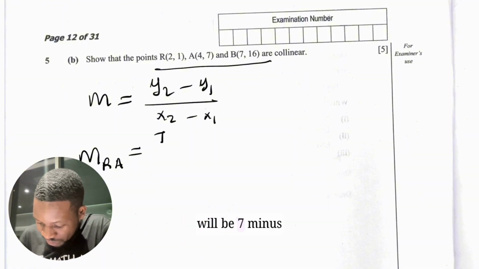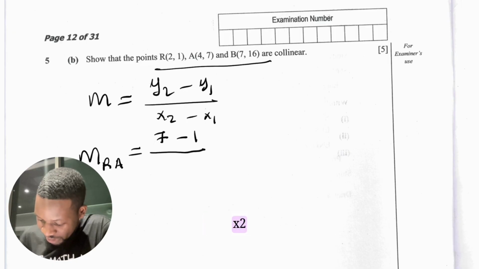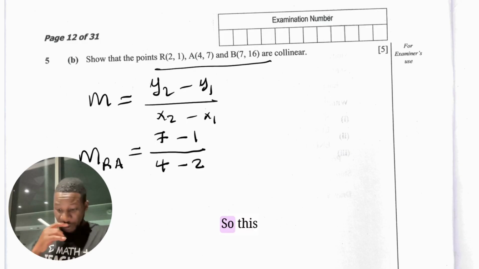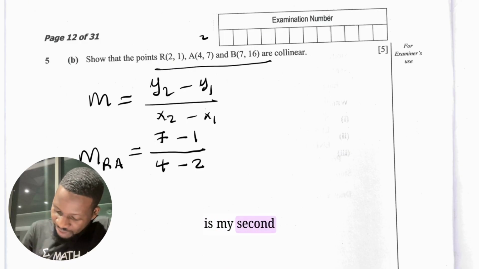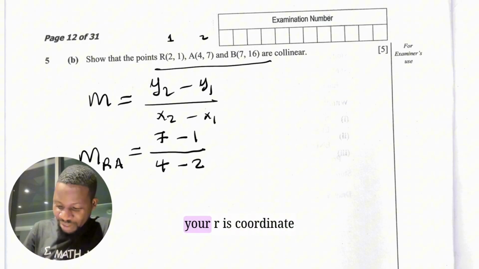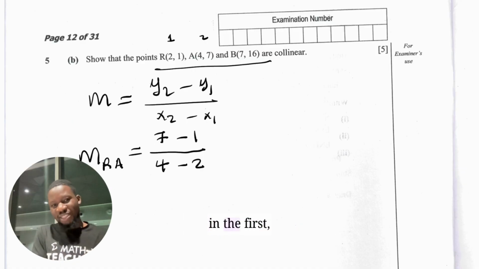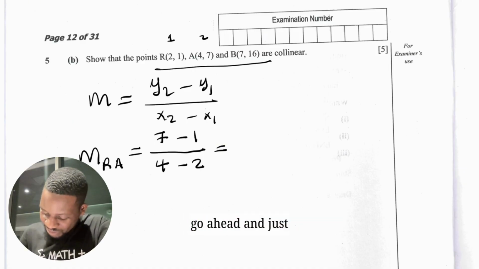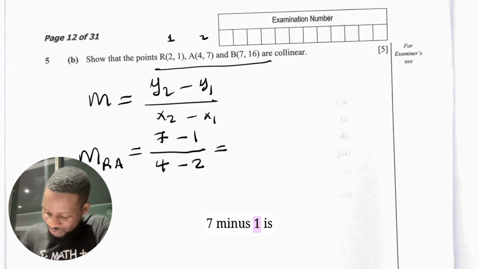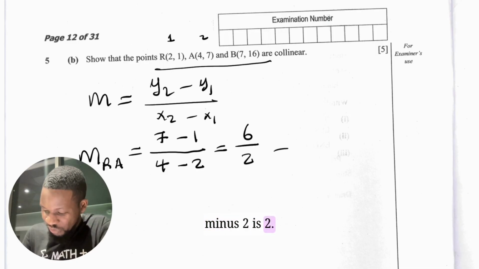So y2 will be 7 minus y1 will be 1, then divided by x2 will be 4 and x1 will be 2. So this is my second coordinate and your R is the first coordinate. Let's just do the subtraction. 7 minus 1 is 6 and 4 minus 2 is 2. When I do a division, you get a 3.